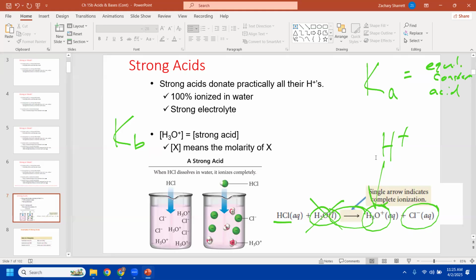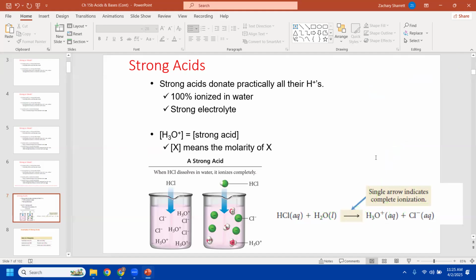If we were to write out the equilibrium constant for hydrochloric acid, tell me what it should be. Ida, Ka for this acid is what? What goes on top? Okay, so what's the products?